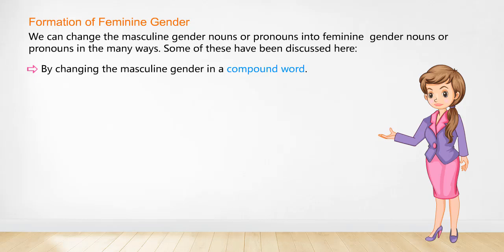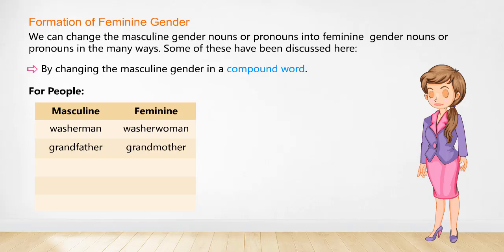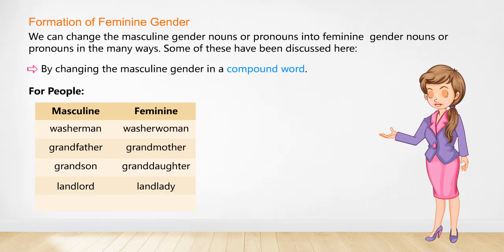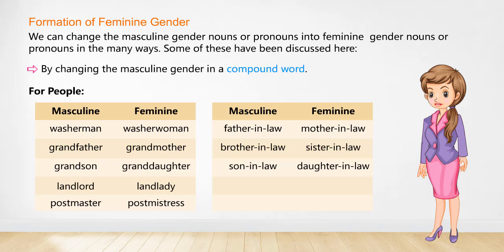By changing the masculine gender in a compound word for people. Masculine, feminine: washerman, washerwoman; grandfather, grandmother; grandson, granddaughter; landlord, landlady; postmaster, postmistress; father-in-law, mother-in-law; brother-in-law, sister-in-law; son-in-law, daughter-in-law; stepfather, stepmother; stepson, stepdaughter.